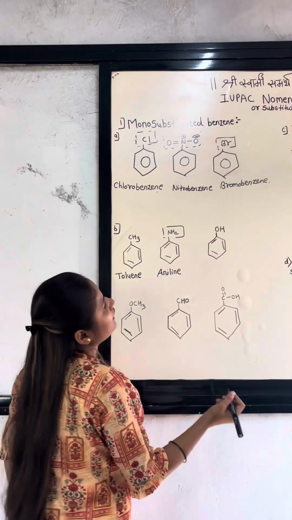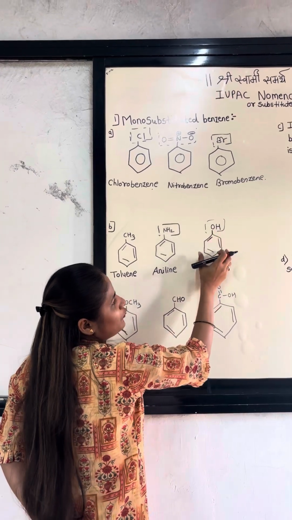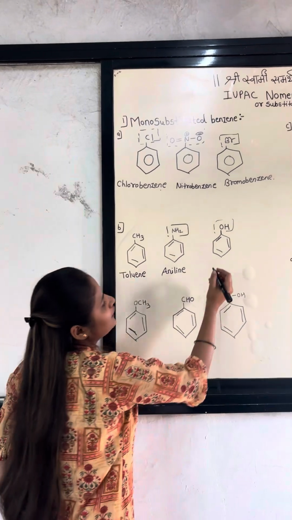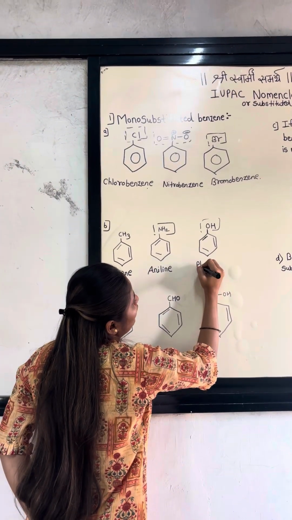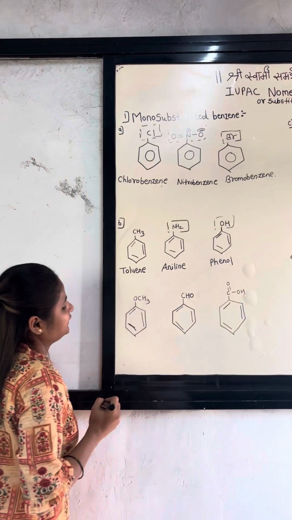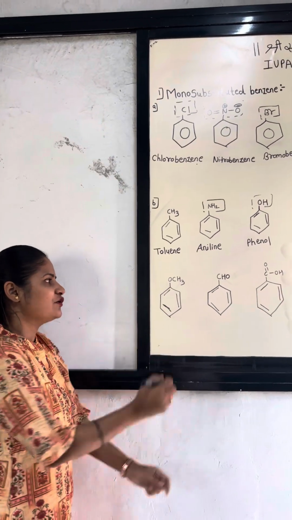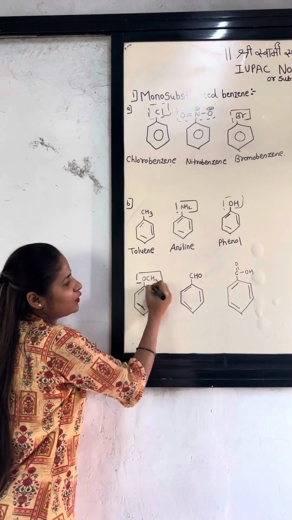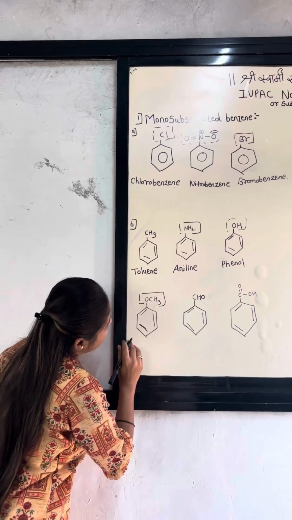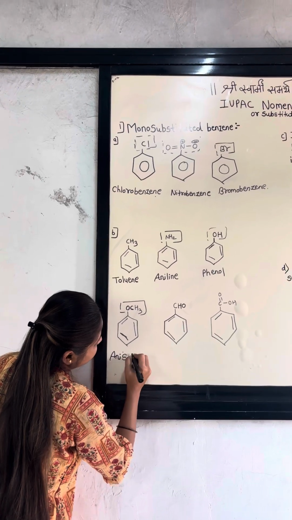Right. In the third compound here is the OH group, which is a substituent on the benzene ring. So it is hydroxybenzene, but we write it as phenol. Okay. Next compound here is the OCH3 group, which is attached to this ring. So this group is known as the methoxy group. So it is methoxybenzene, but we are using anisole.